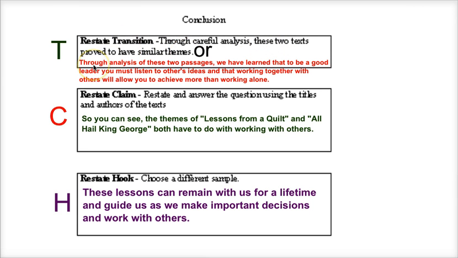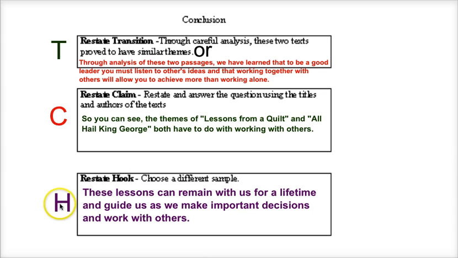Or, like you see in the essay, through analysis of these two passages, we have learned that to be a good leader, you must listen to others' ideas, and that working together with others will allow you to achieve more than working alone. So we kind of say what it is that we've learned. We say how they have similar themes. And then we restate the claim, so you can see the themes of Lessons from a Quilt and All Hail King George both have to do with working with others, and we're including the titles of the work.